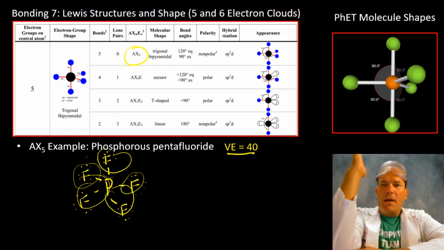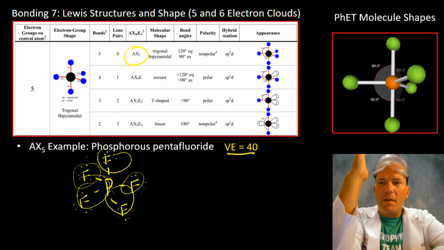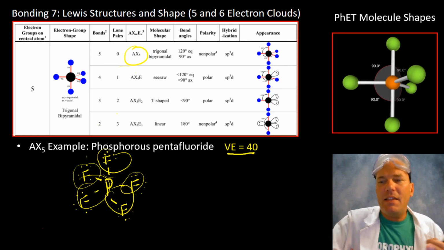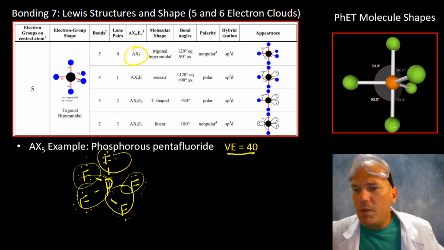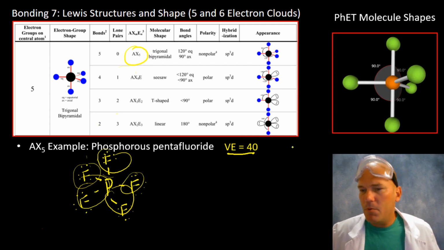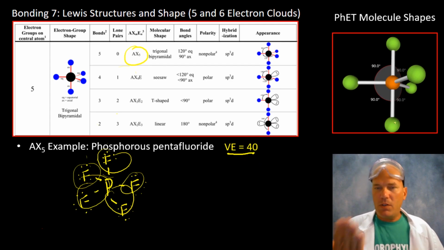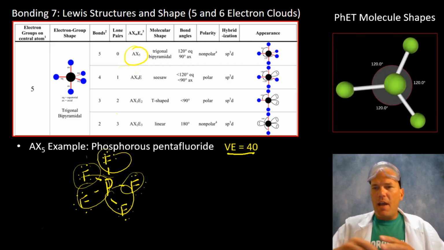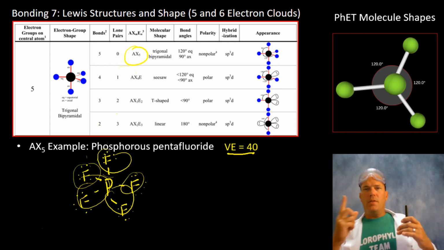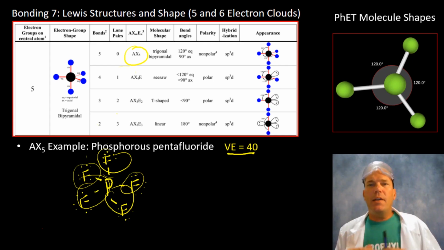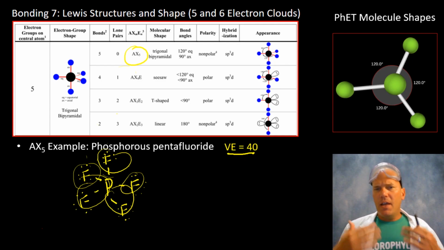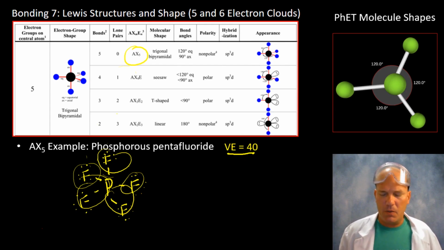Now the axial bond angles are what are being shown in this image as 90 degrees. Now if I take this molecule and rotate it about its axis, from this point out toward the screen here, you'll see that the equatorial around the molecule has a bond angle of 120 degrees. Now, again, polarity and hybridization is a topic I'll cover in upcoming videos.